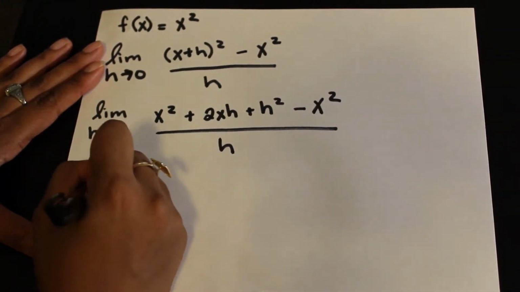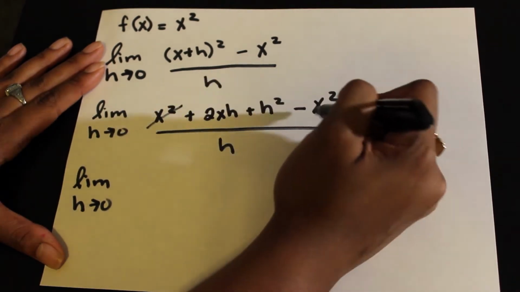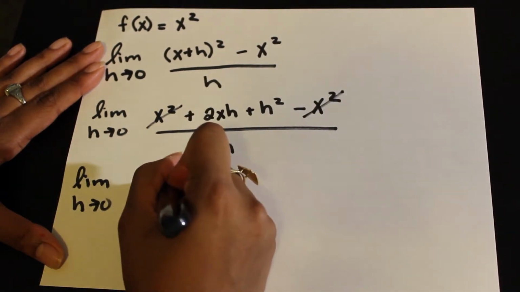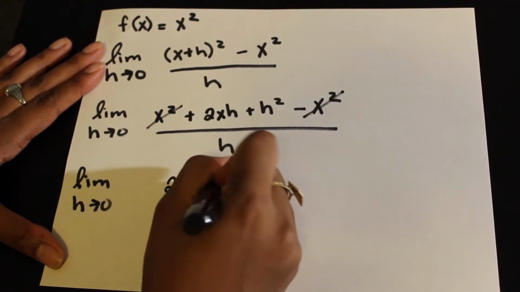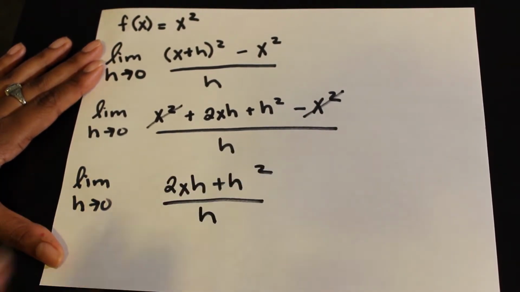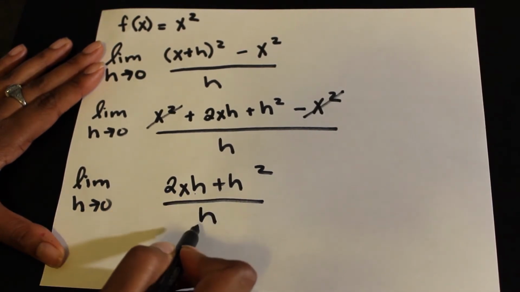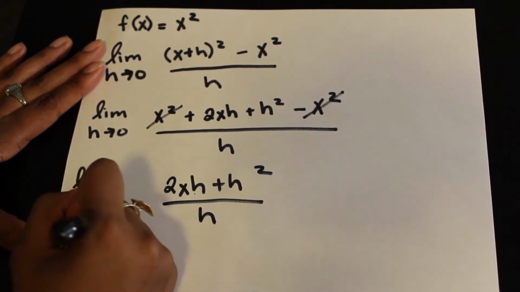Now let's simplify. We can cross out these two terms and we're left with 2xh plus h squared all over h. Now, what I want to do is factor the h out of the top and the bottom.